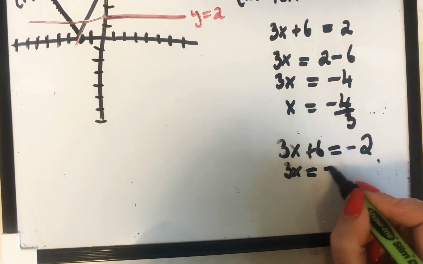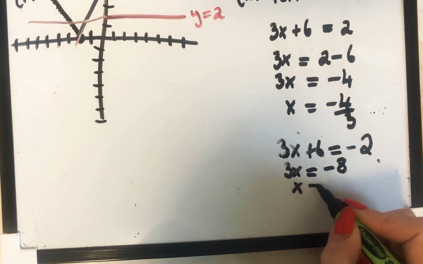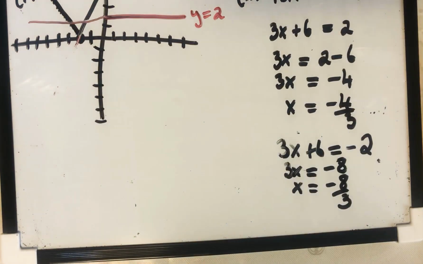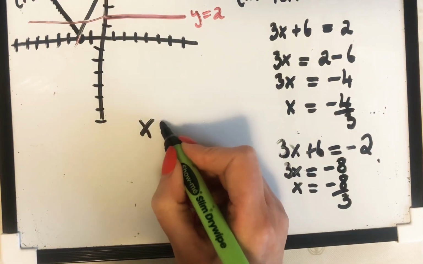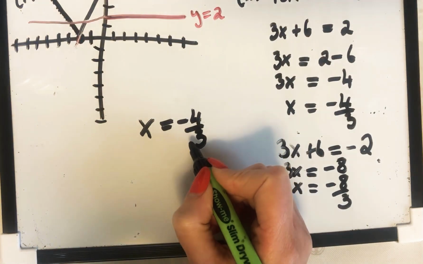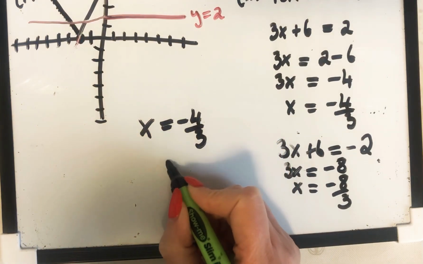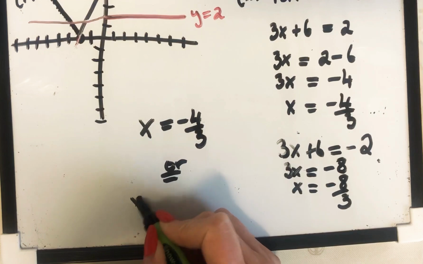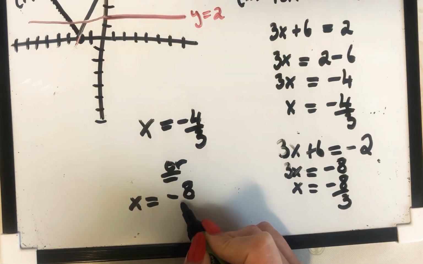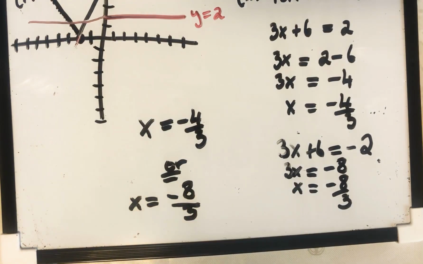So bring over this, it goes to negative 8. Negative 8 over 3. So our two values for x are x is equal to negative 4 over 3 and x is equal to negative 8 over 3. So there are two values for our x.